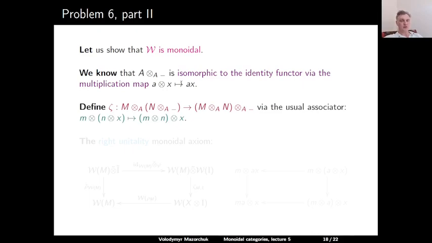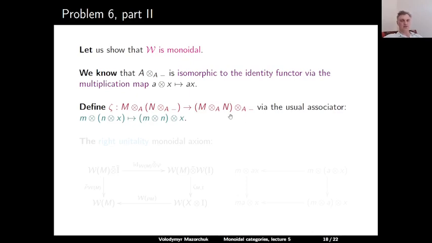To define the component zeta, we use the usual associator. So zeta should be a natural transformation from W of something composed with W of something to W of the tensor product of the two components.